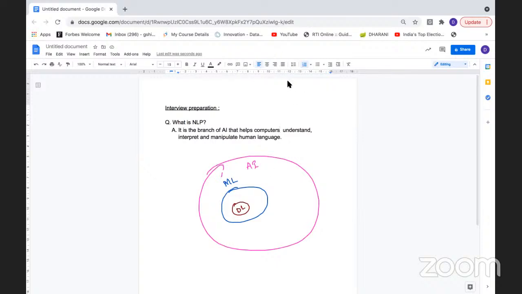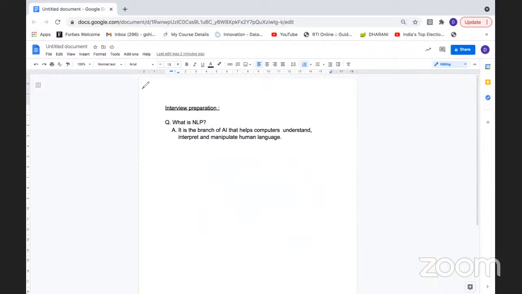A combination of all these, AI, ML, DL, is your language processing. When we say natural language processing, we mean how you work with speech or textual data, anything.